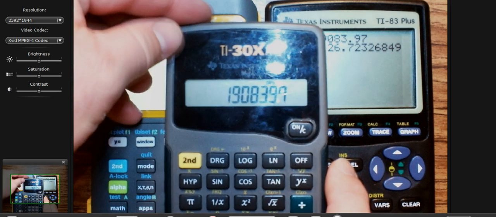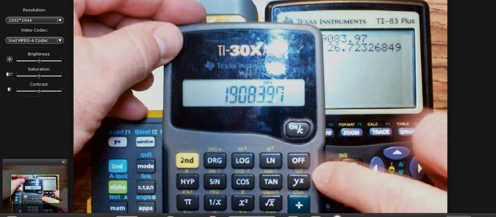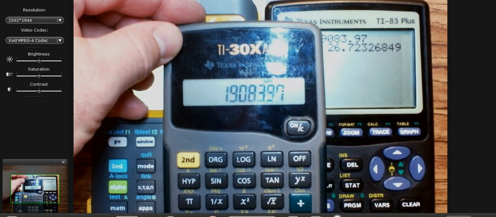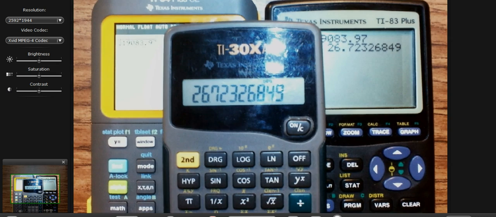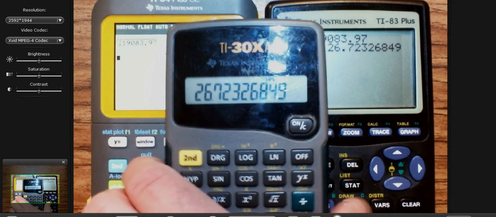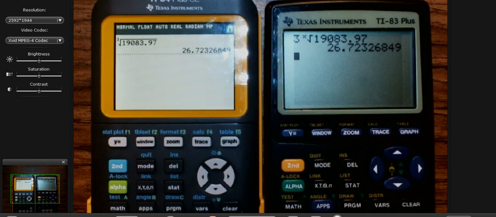And then I do the xth root, which is right above the y to the x button. And then I type a 3. Should get the same thing, 26.7. So old school calculators, you had to do the root afterwards, versus most of you have the newer scientific calculators, which allow you to do that before.